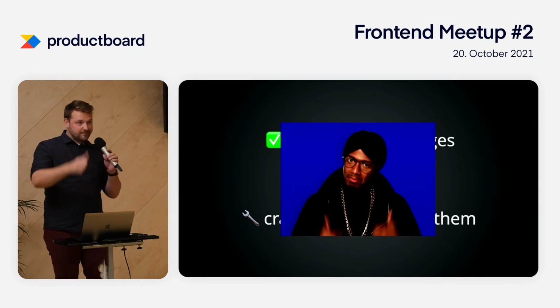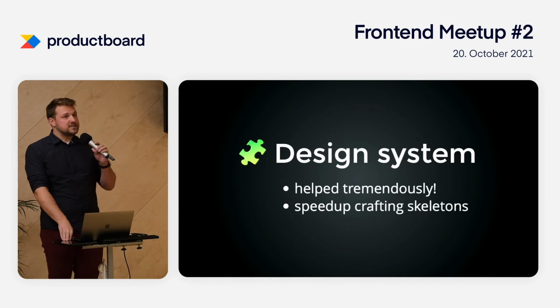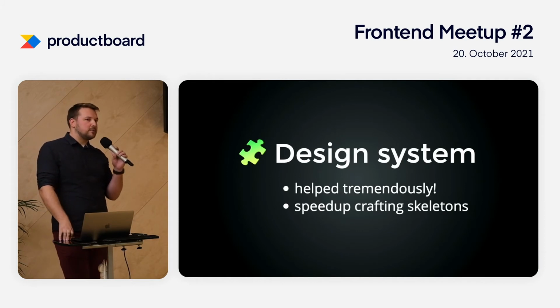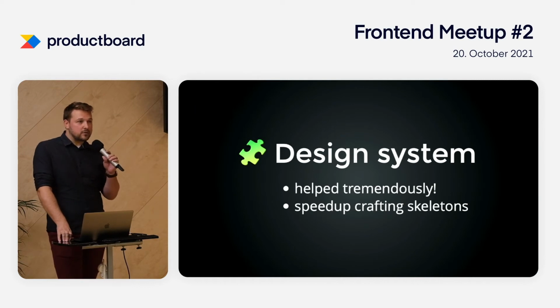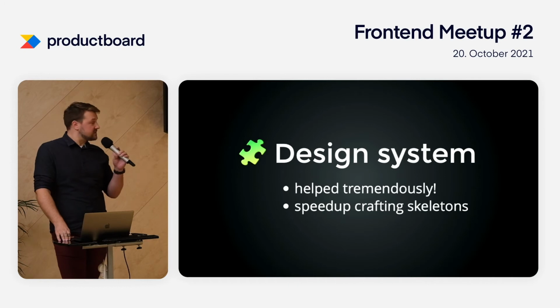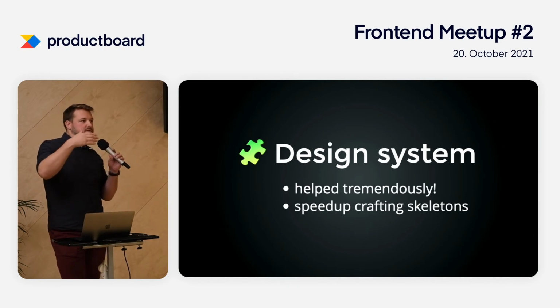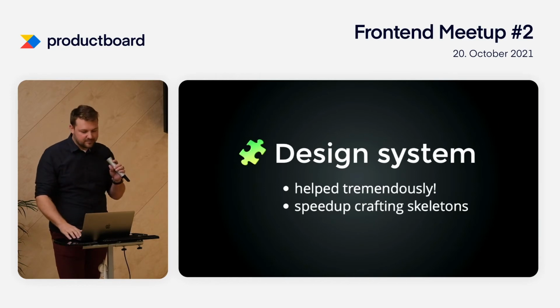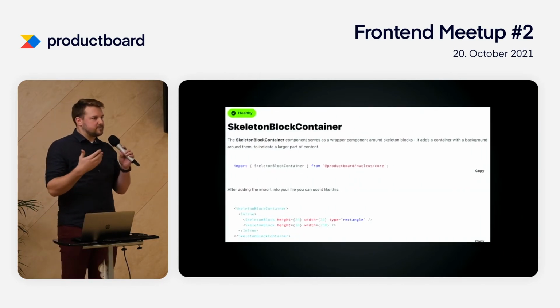So job's done. Good. The last thing I want to show you is how the design system helped us in our case. We have a dedicated team for the design system. It is called Nucleus, and it really helped us to craft those skeletons easily. We have a component there specifically for this purpose.